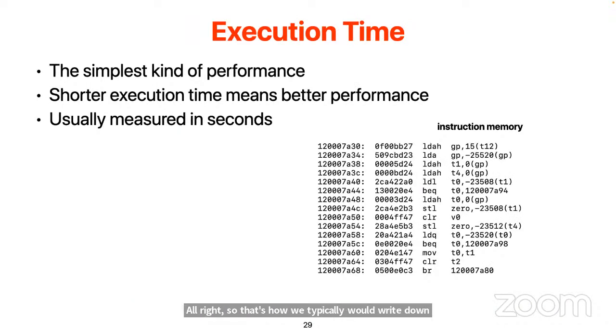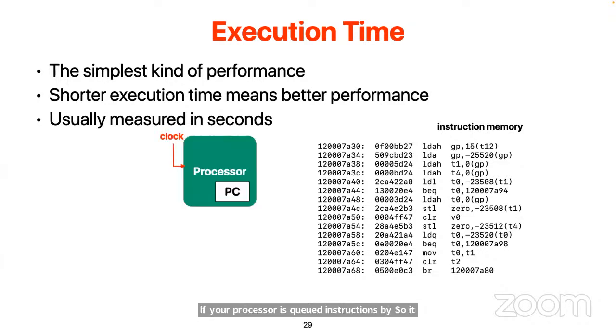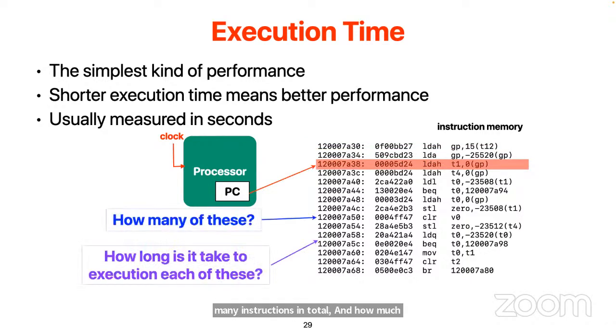And you might be wondering why the performance equation looks like this. But again, if you remember the big picture of Von Neumann architecture, your processor executes instructions one by one. So it makes sense that depending on how many instructions in total we need to execute and how much time it takes to execute each instruction, that gives you the total time to execute the program.